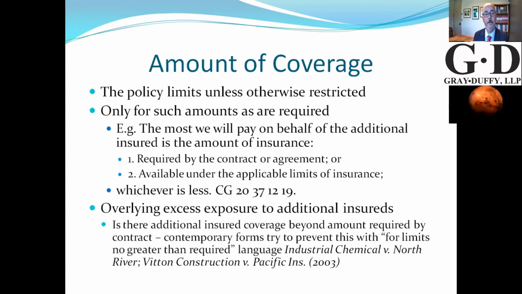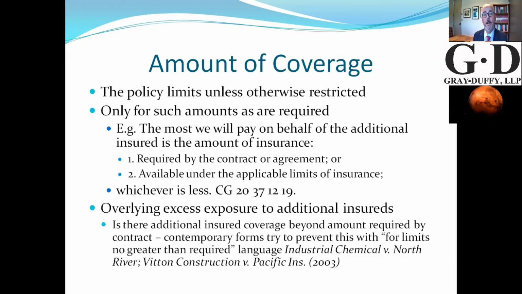Another case where that happened is in California, Vitton Construction versus Pacific Insurance, where an injured worker was badly injured falling through an opening in a roof deck. And the named insured was not at all at fault. It was not their responsibility, but nonetheless, there was a "arising out of" language. They had to provide the additional insurance.